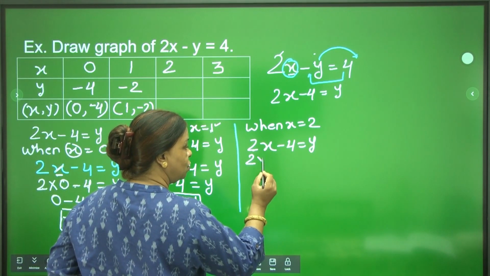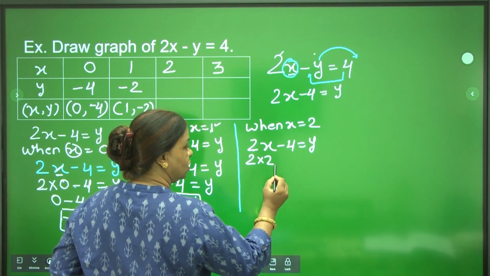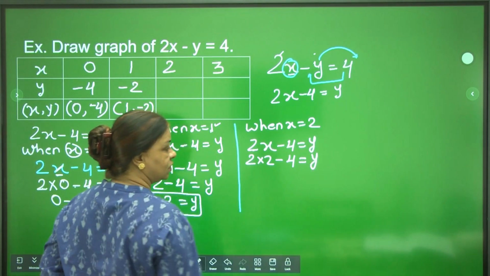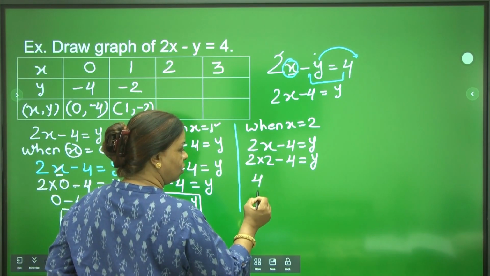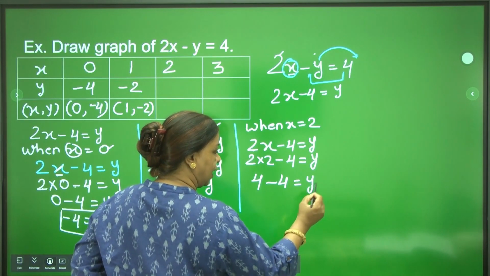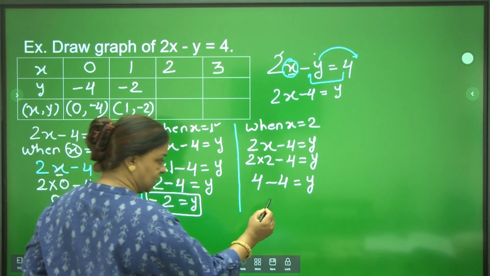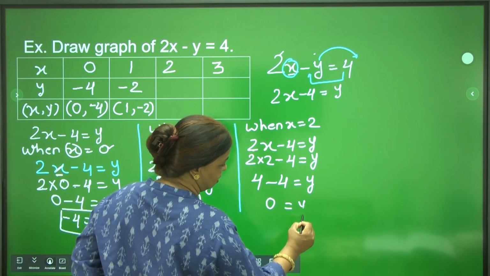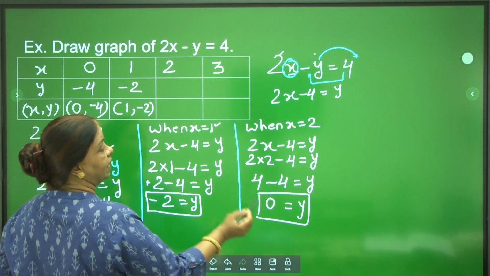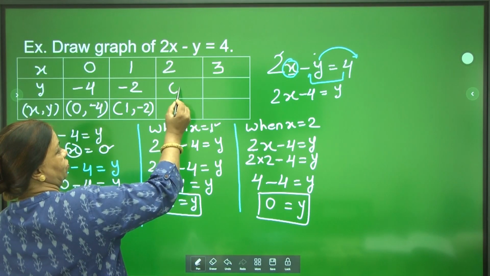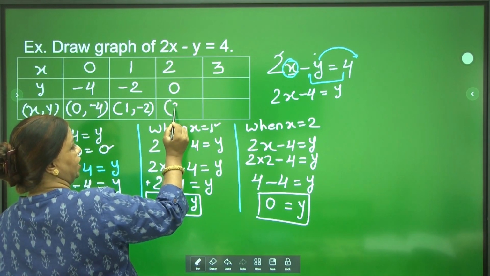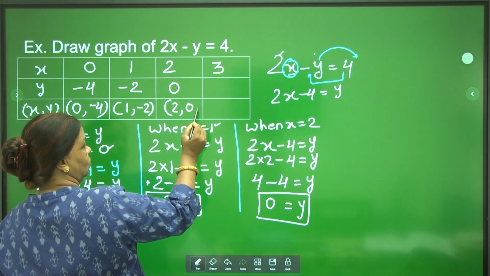So 2 into x, x is how much? 2, minus 4 is equal to y. 2 2s are 4, then minus 4 is equal to y. So 4 minus 4 is 0. So the y value is 0. So when x is 2, y is 0. We got 0 here, and we got the coordinate as 2 comma 0.